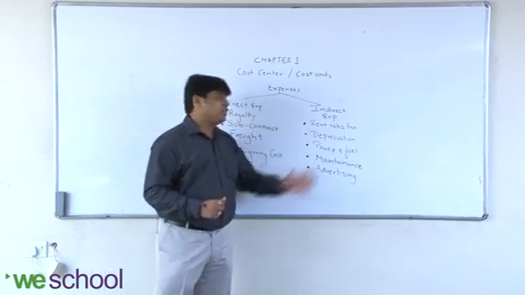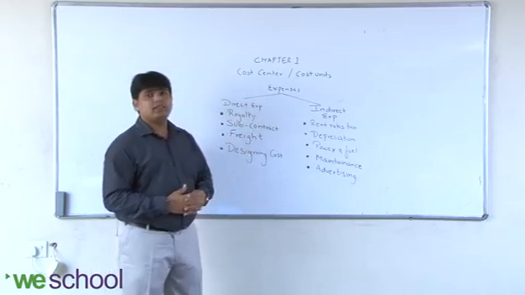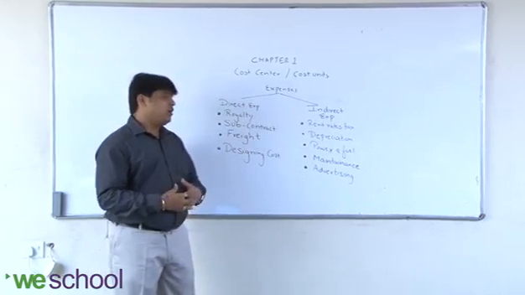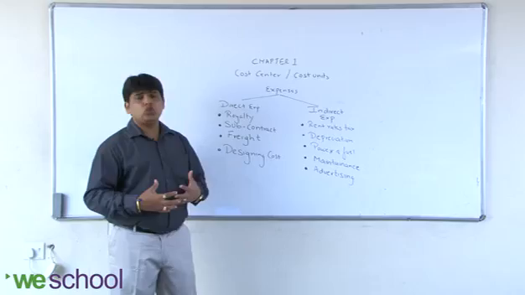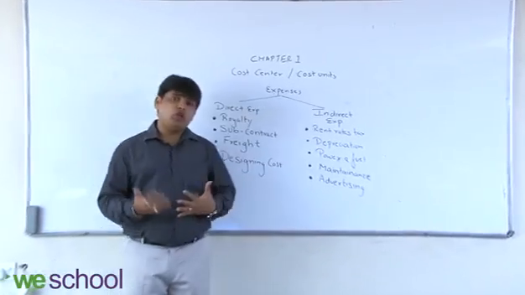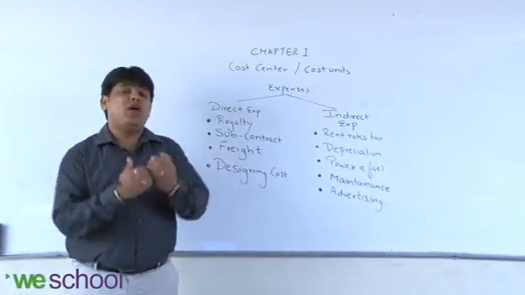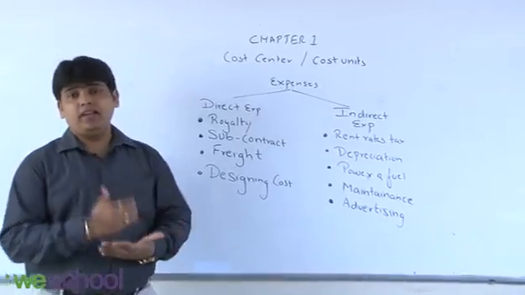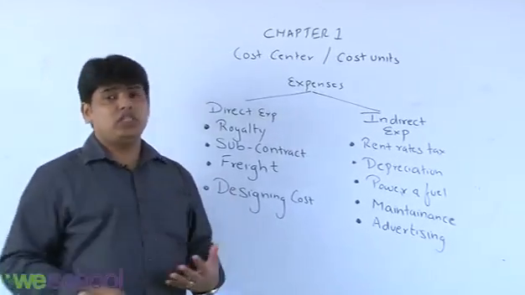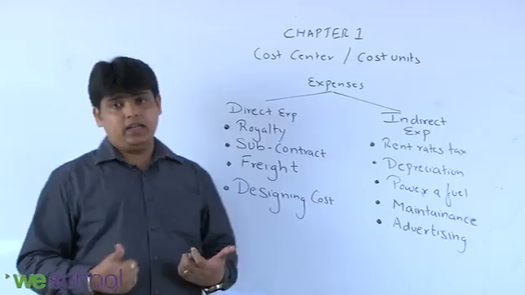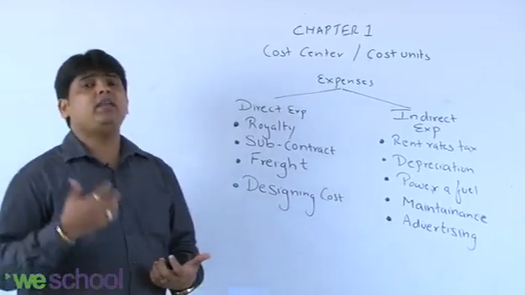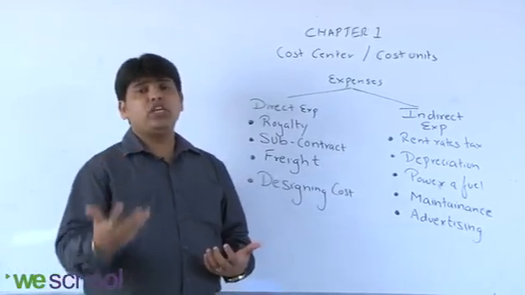Now there is indirect expense. Indirect expense is rent, rates and taxes, depreciation, power and fuel, maintenance, advertisement and so on. Now this type of expenses are also very easy for us to allocate. If I say factory rent and taxes, they can be directly charged to the production department. If I say office rent and taxes, they can be charged to the administrative cost center.